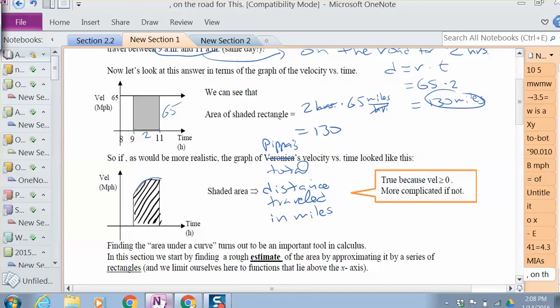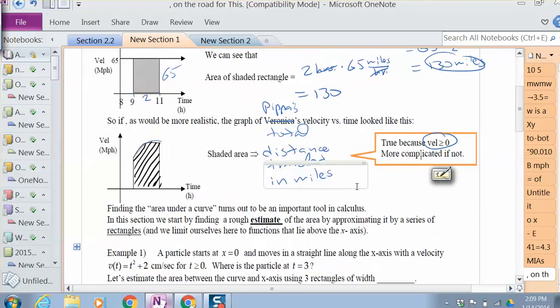So we know her rate of change, which is, of course, the velocity. But what's the total change, like the total distance she's traveled? That's what the shaded area is going to represent. And for right now, we're assuming the velocity is greater than or equal to 0. If it's not, it does get a little more complicated, and we'll worry about that later in chapter 5.